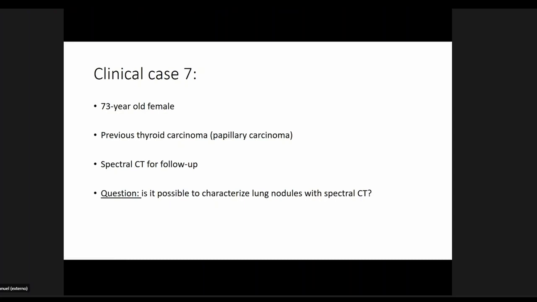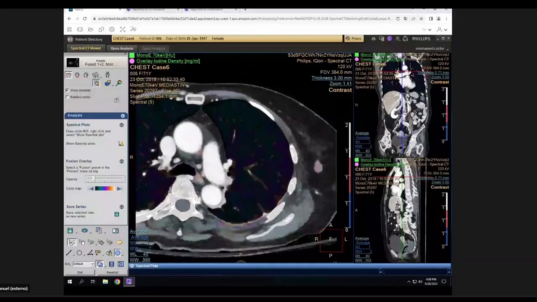So no new questions. There was one additional question about the last case, just came in after, about whether or not the virtual non-contrast can be useful for calcium scoring. There's been some answers given, but maybe you can give your take on that, Professor Koch, if you will.